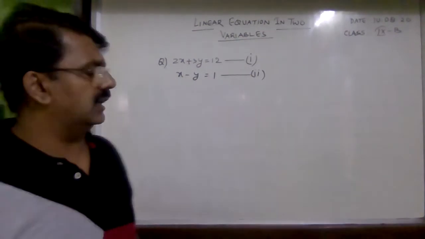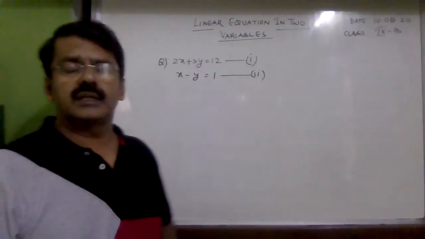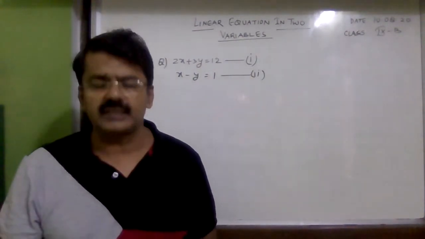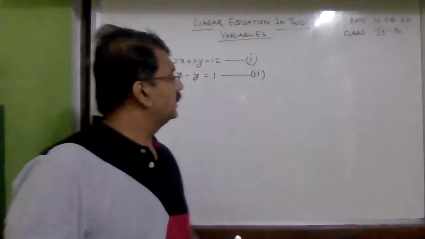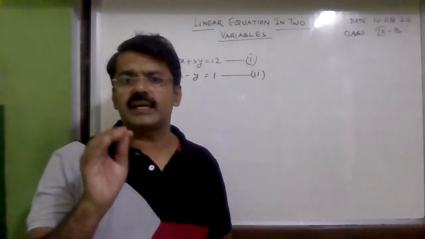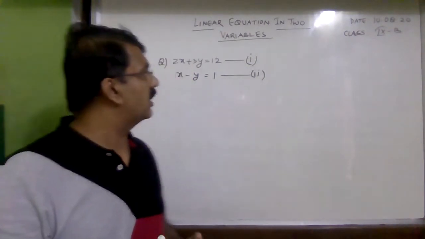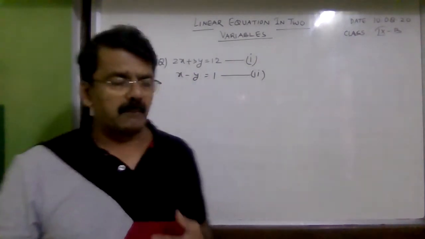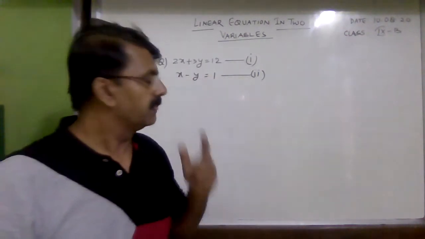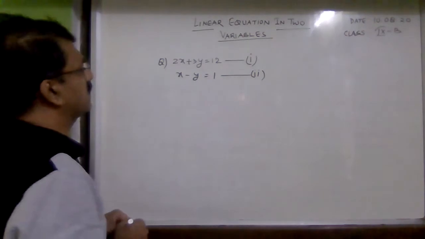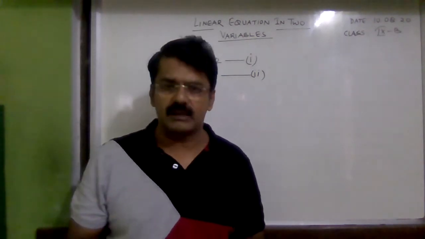Now what we do, we will solve these two equations algebraically and then graphically also. Then you have to find the coordinates of the vertices of the triangle formed by these two lines and the y-axis. So first of all, we are going to solve these two equations algebraically.